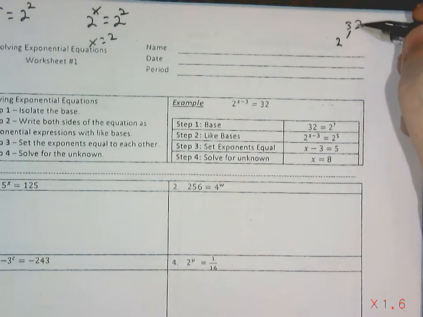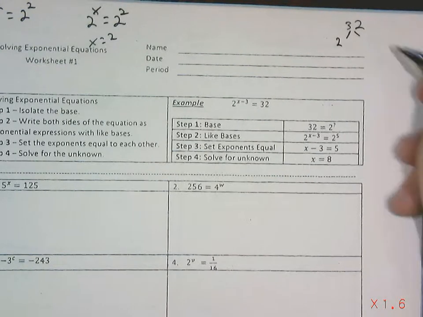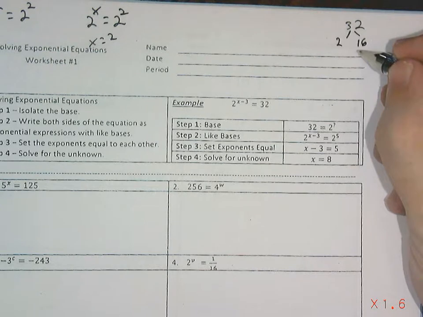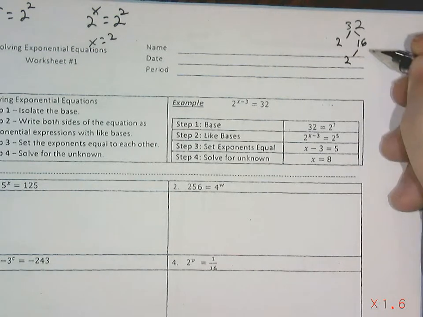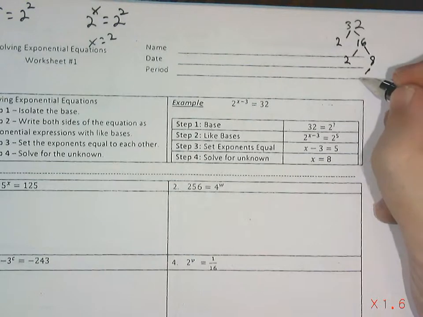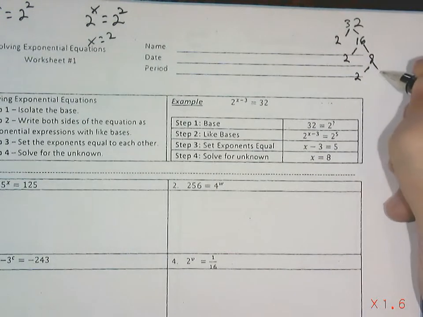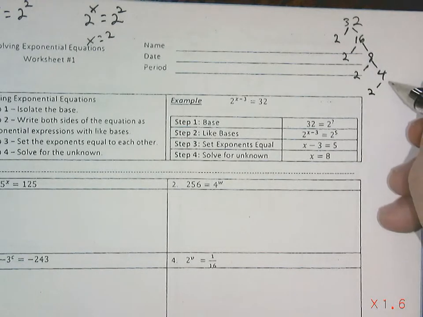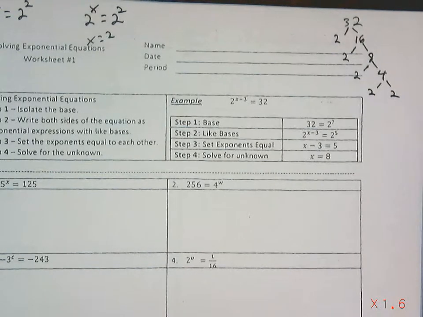So I'll divide it until I get to 2. Okay? When I divide 32 by 2, it initially will give me 16, right? So I'm not at 2 yet, so I'm going to divide it by 2 again. Okay, 16 divided by 2 is 8, so still not there. So I'm going to divide it by 2 again. That's going to be 4, so still not there. So I divide it by 2 yet again, and that gives me 2.